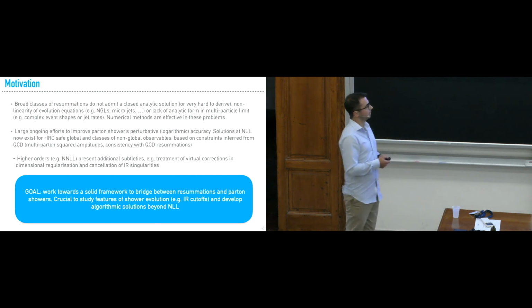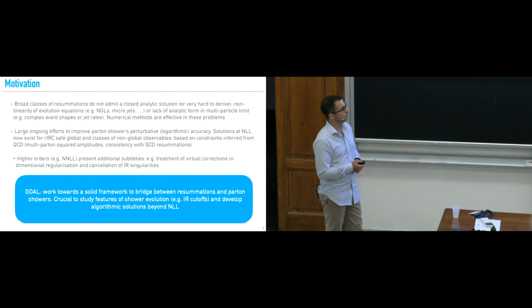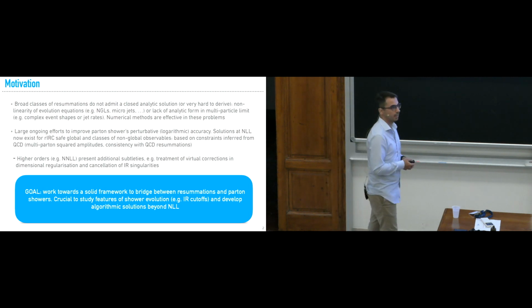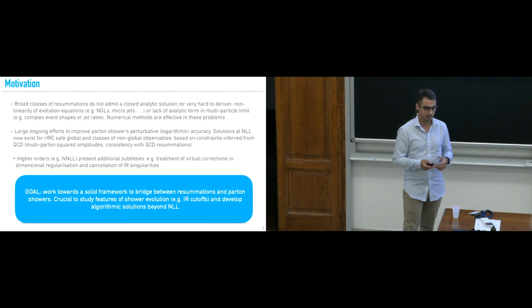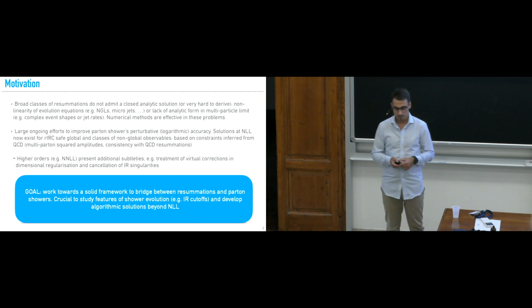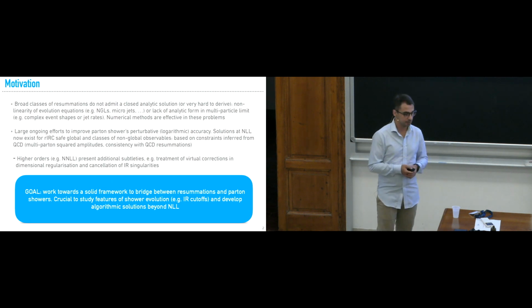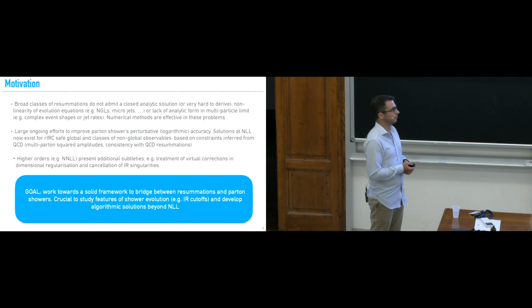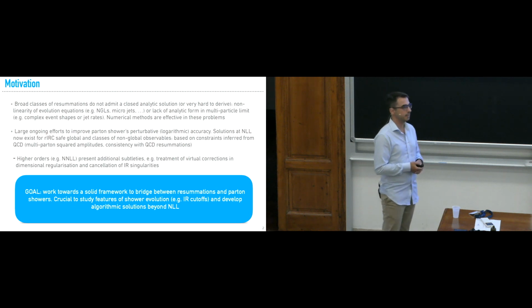The second reason why we're interested in this, and arguably the more important one, is that there is an ongoing effort towards understanding how to improve the logarithmic accuracy of parton showers. Now, in the last 5 years or so, people have understood how to build next-to-linear logarithmic algorithms.